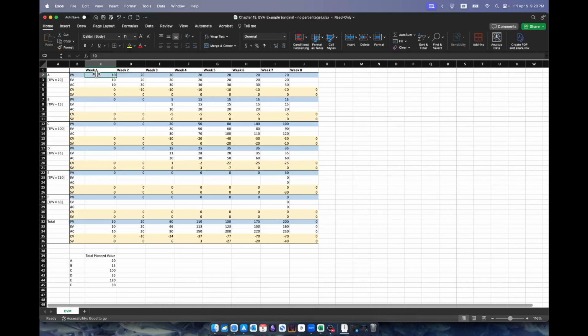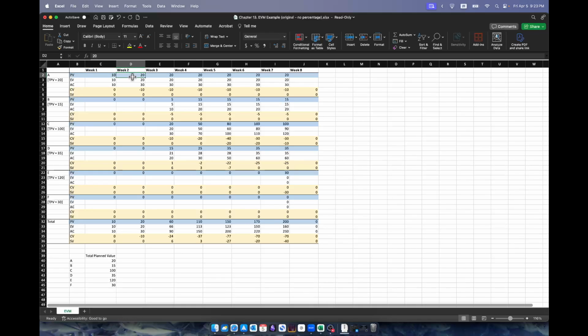And the planned value here says the total planned value is the same value as this one. So the planned value for subtask A in week one is 10. Ten out of 20 is basically 50%. The reason you are seeing the planned value of A as 10 at the end of week one is because you plan to finish 50%.